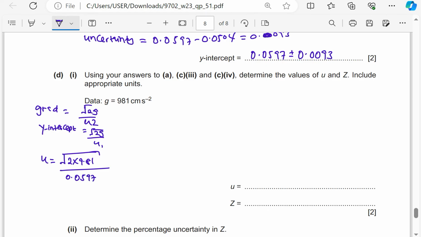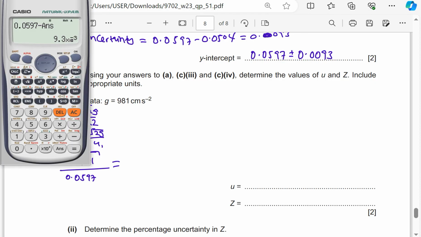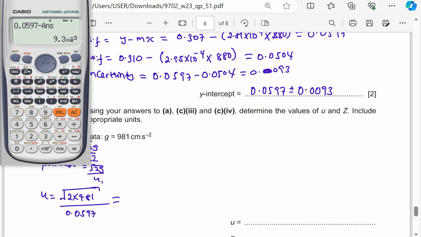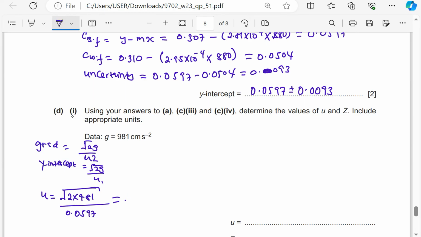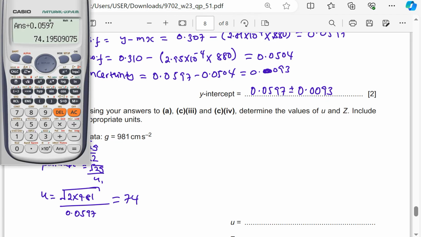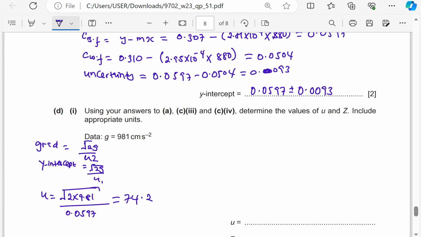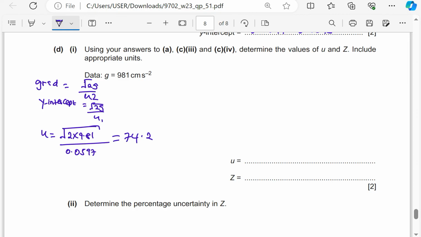So this is the y, this is going to be u. 2 times 9.81, square root of the answer, divided by 0.0597. So this is 74. It's actually 74.2.